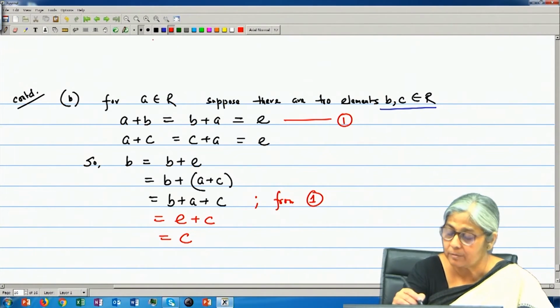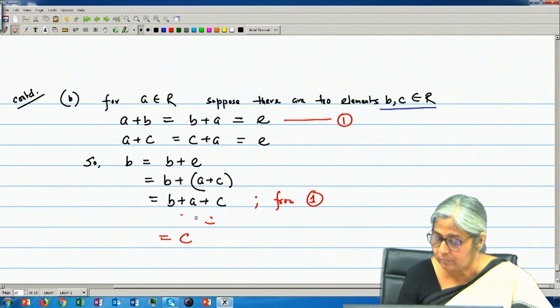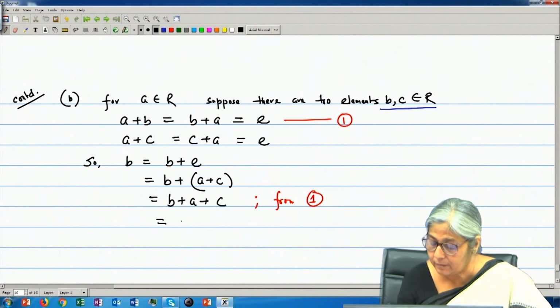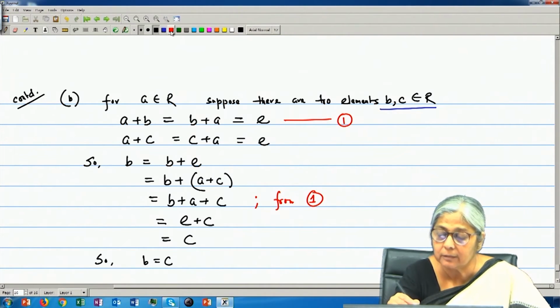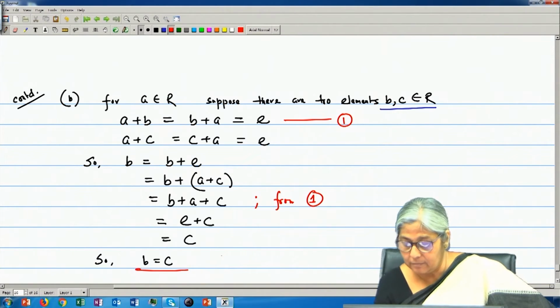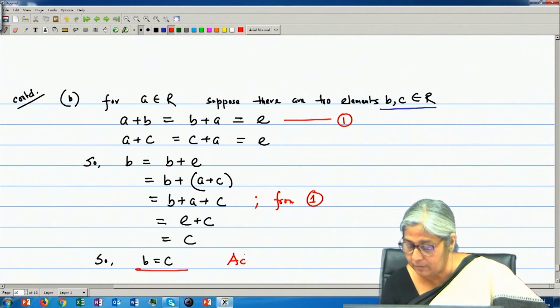So, that means B equal to C. So, again that means that my additive inverse is also unique.